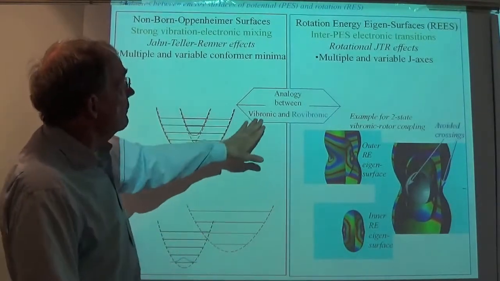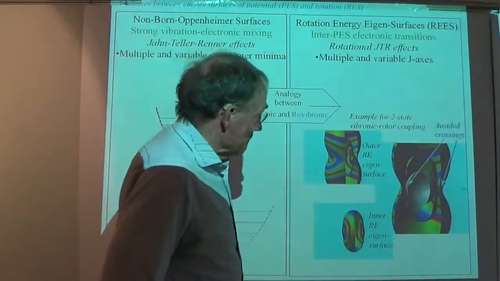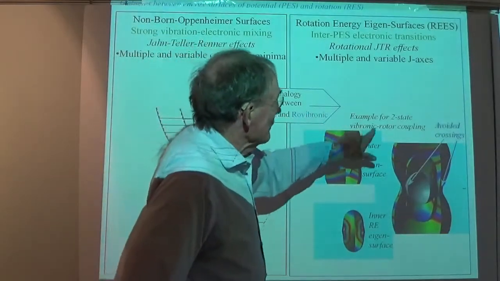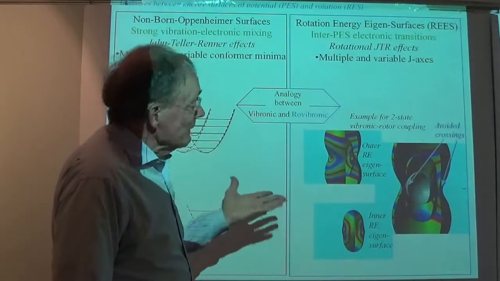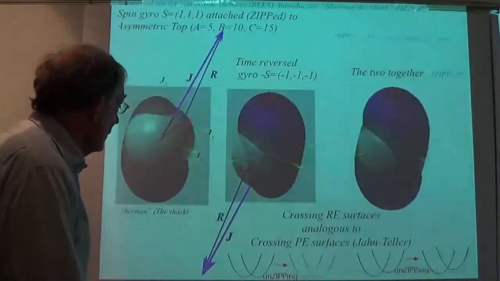That's called vibronic interactions. Well, actually, rovibronic is what it should be called, vibronic rotor coupling, you see. And how do we make that? That's just the last thing I want to show you before we go on to this.